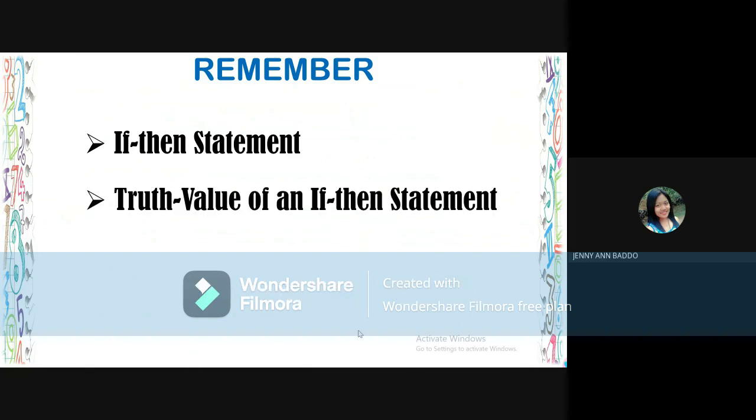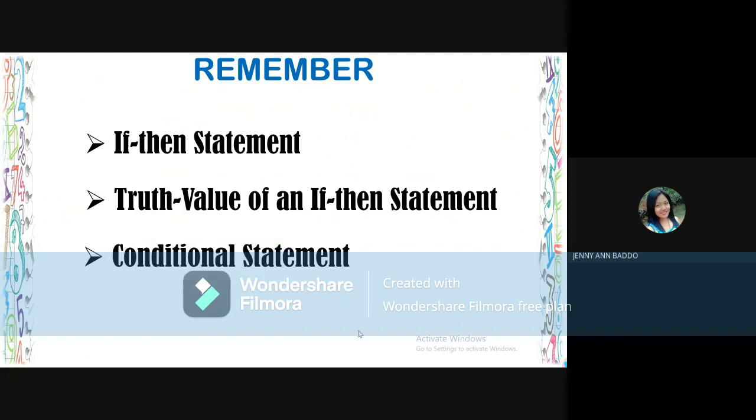And always remember that not all if-then statements are true. So to prove that a given if-then statement is false, you must find at least one counterexample. When we say counterexample, it's evidence showing that an if-then statement is false.